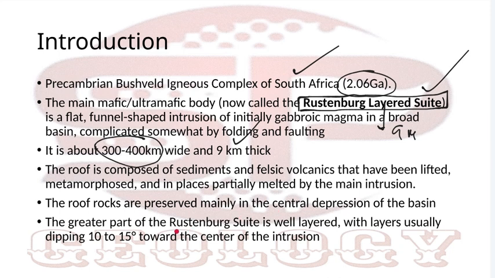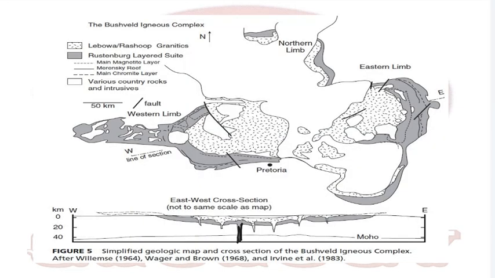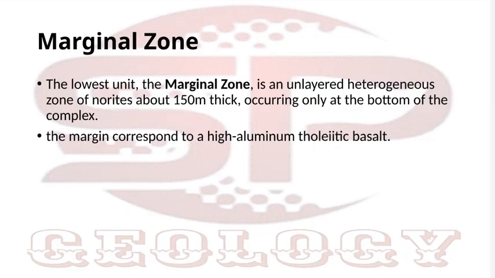The greater part of the Rustenburg Suite is well layered, with layers usually dipping 10 to 15 degrees towards the center of the intrusion. Okay, so we are starting. There are main zones in the complex.